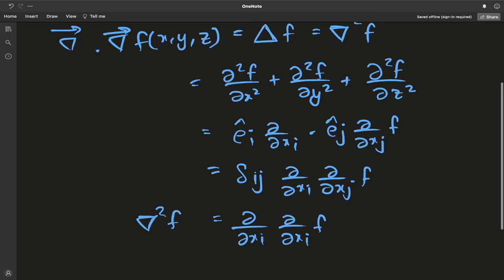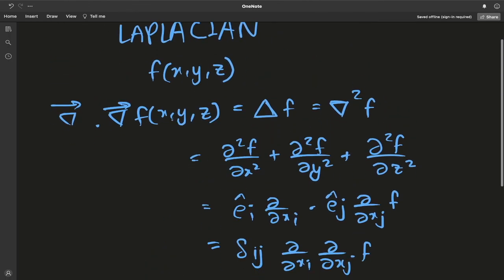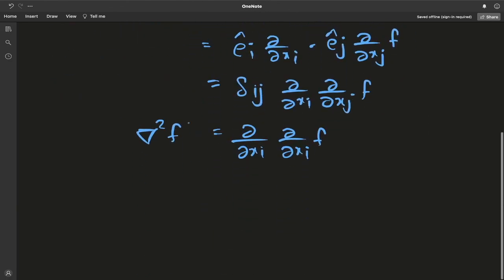You can also have a vector Laplacian, where if you have a vector potential, then you have the vector gradient, which is a tensor. So I don't want to deal with that now. The Laplacian is really important in many applications of physics.